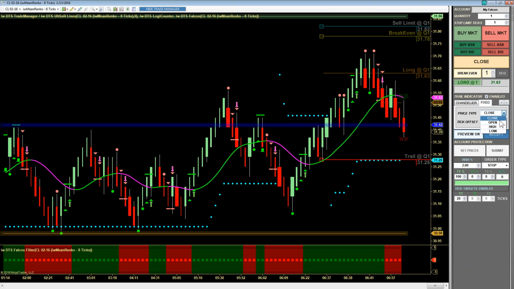I'm not entirely sure why the programmer included the open and close, but they're there in case, well, I know the close. Some people like to trail off of the closing price. But there you have it. Parabolics, of course. The bar high low is perhaps the most aggressive, or can be one of the most aggressive stop strategies that we offer.